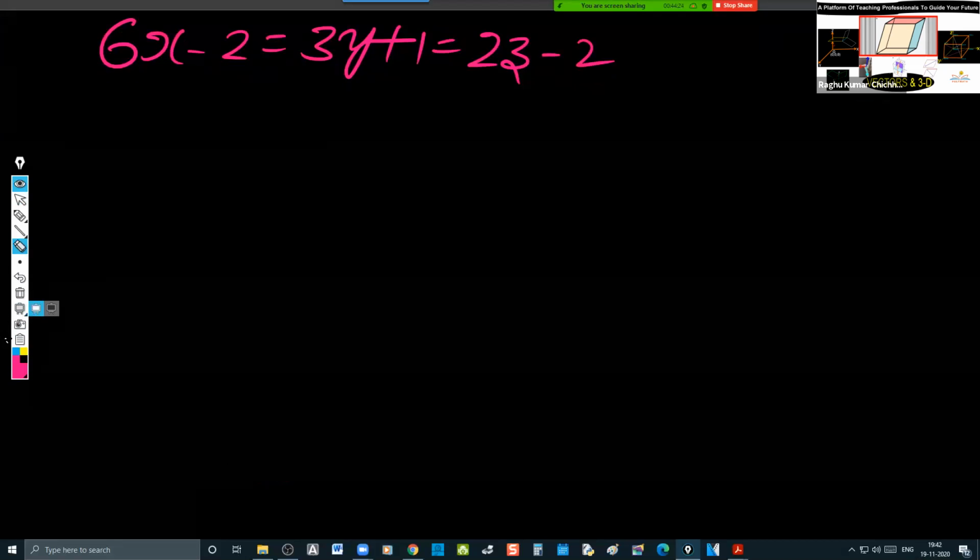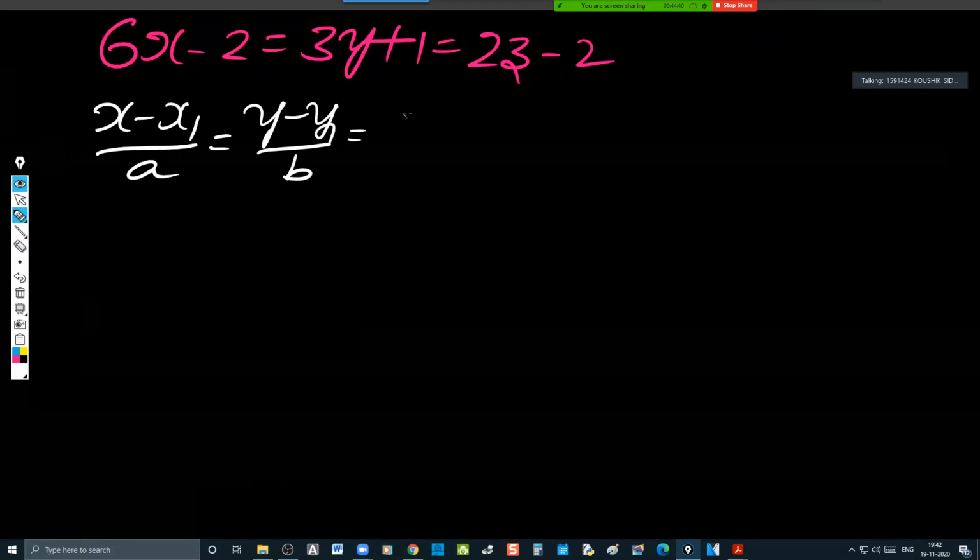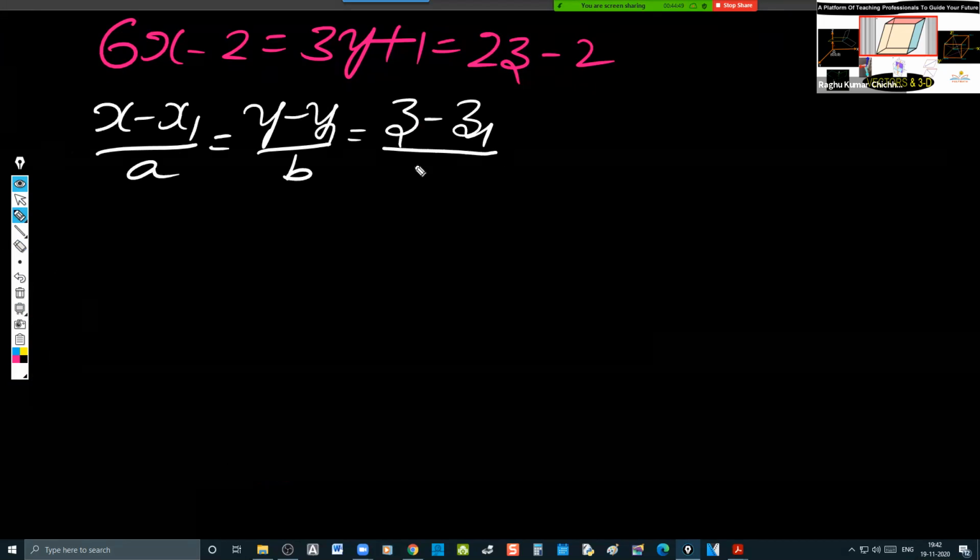Before writing the DCs of the line, let us understand the symmetric form of the line. Kaushik, please tell me the symmetric form of the line we have just seen. (x minus x1) by a is equal to (y minus y1) by b is equal to (z minus z1) by c.